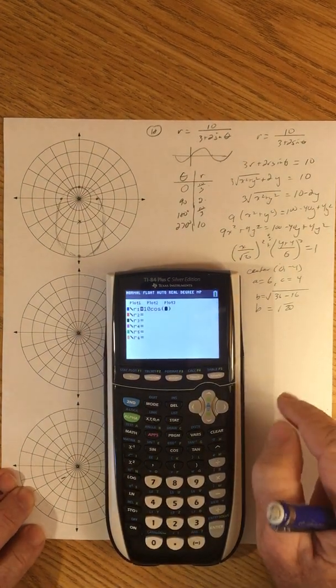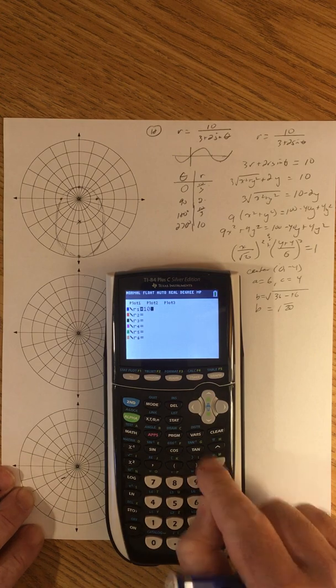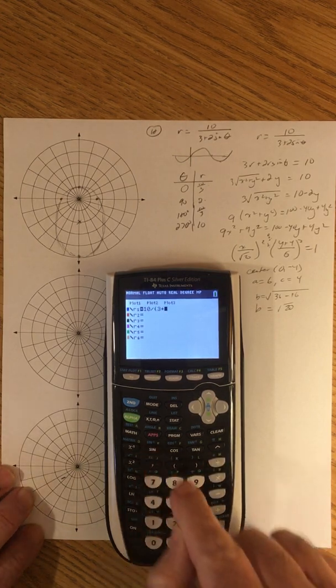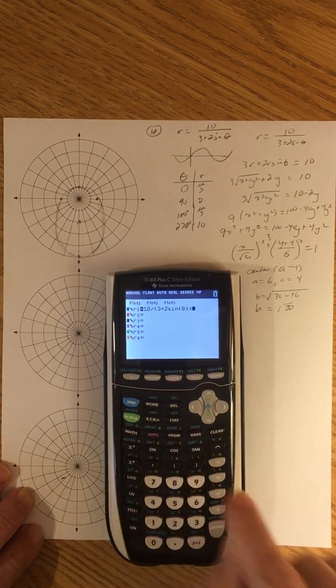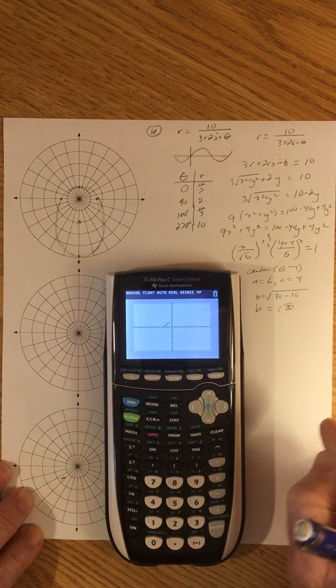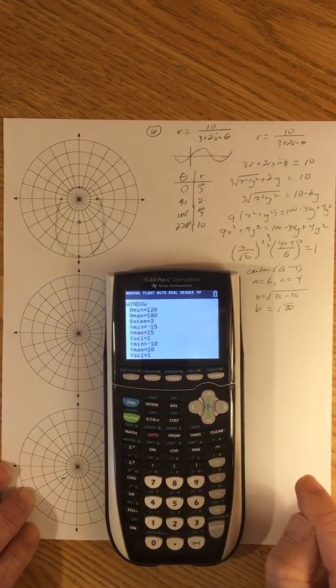Okay, so I'm going to have 10 divided by 3 plus 2 sine theta. Okay, and I will graph. Now, I don't quite get very much there because my window isn't doing it for me.